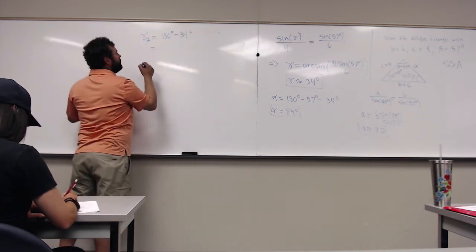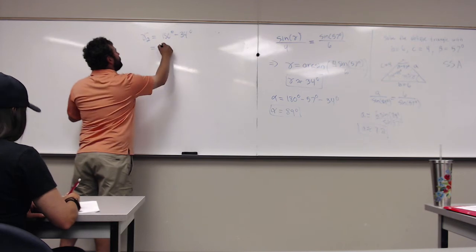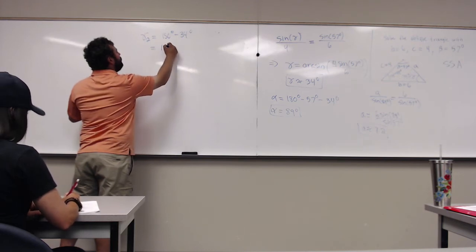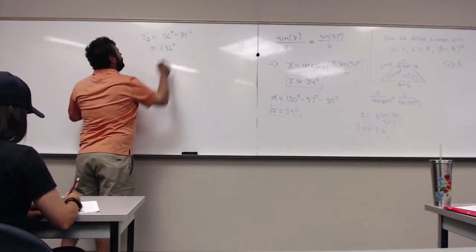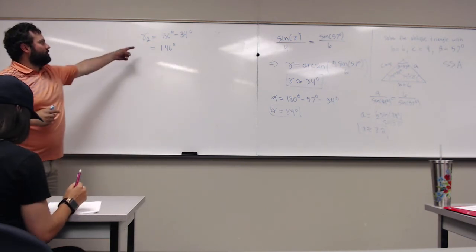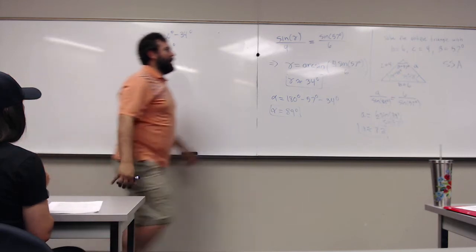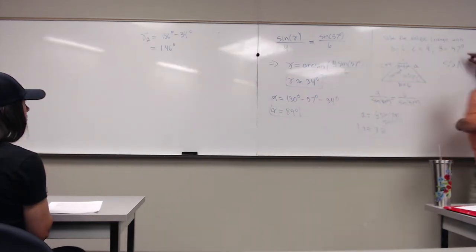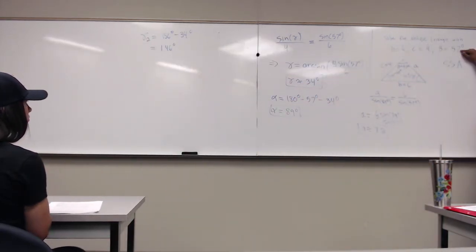And what do you get here? I think this is 146. And then what's the problem with that? Beta's got to be in both triangles.